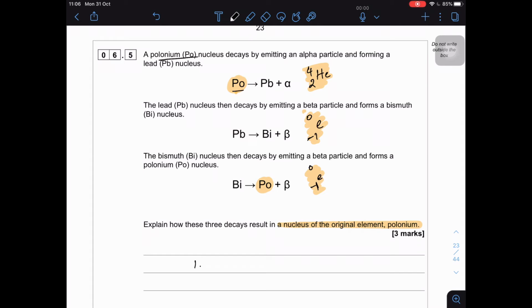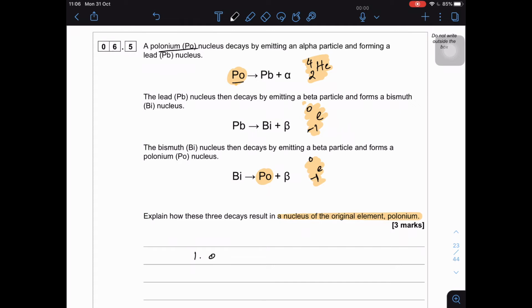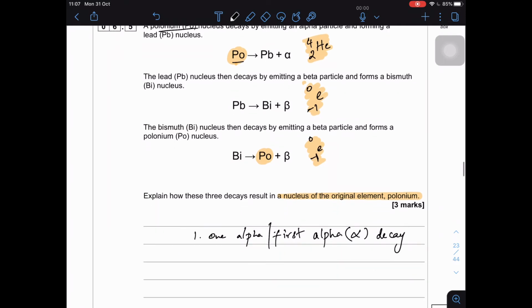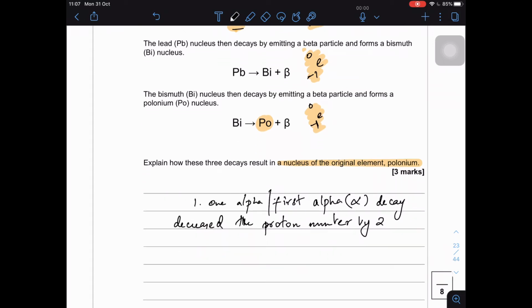So some of you might have already figured out that the first alpha decay, remember this is how you write alpha decay, decreased the proton number by 2, and the two beta decays increased the proton number by 2.